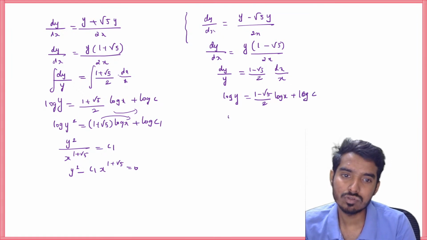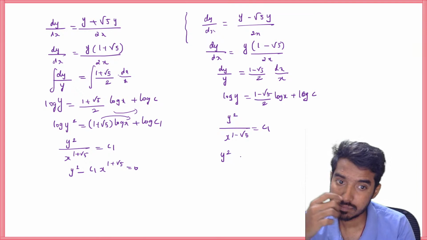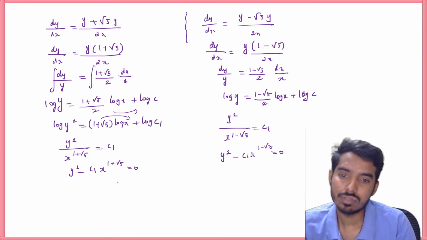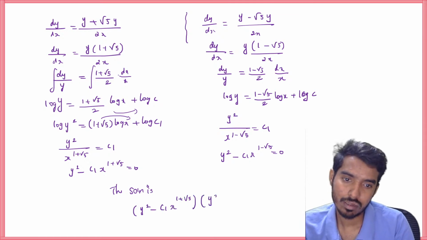So cross multiply this, and we will have y square equal to x power 1 minus root 5. Therefore, the solution is to multiply these: y square minus x power 1 plus root 5 minus c, times y square minus x power 1 minus root 5 minus c.